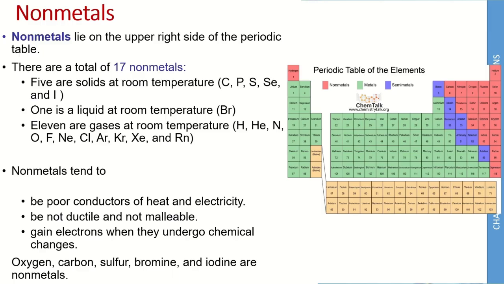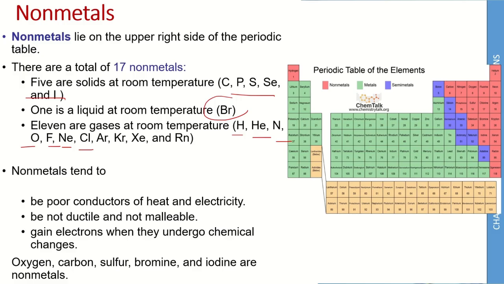So non-metals, mainly if you're going to talk about the groups, we have the non-metals over here in red. See, that is the non-metals. 5 of those are solids at room temperature, like carbon, phosphorus, sulfur, selenium, and iodine. 1 is liquid, which is bromine, and the 11 are gases, like hydrogen, helium, nitrogen, oxygen, fluorine, neon, chlorine, and so on.